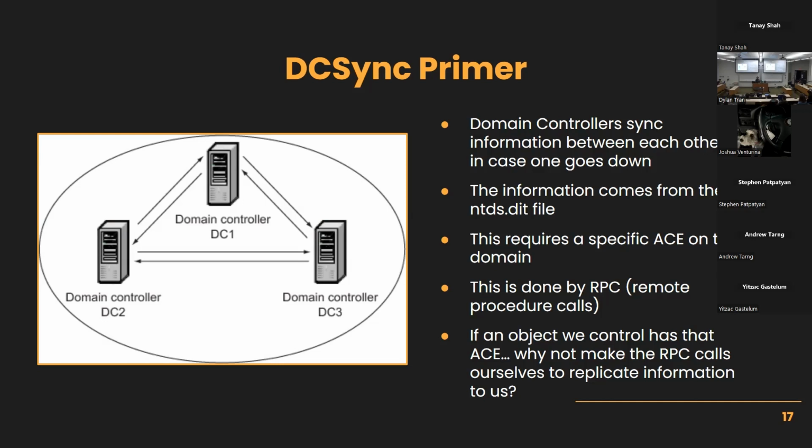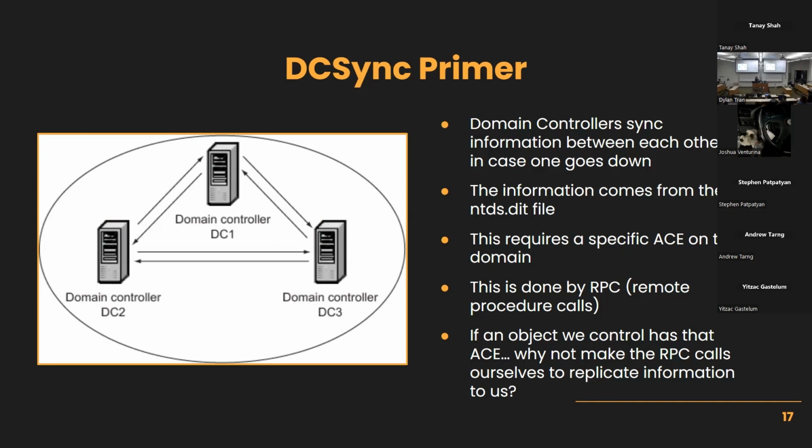There are three particular ACEs within Active Directory, or within LDAP, that if an object has those three ACEs, they can perform the DC sync themselves, right? The way it actually works is it uses something called RPC. You could think of it as a weird Windows API. That's not important. What matters to us is if we compromise an object that has the ACEs required to perform a DC sync attack, we could end up just doing the DC sync attack ourselves.